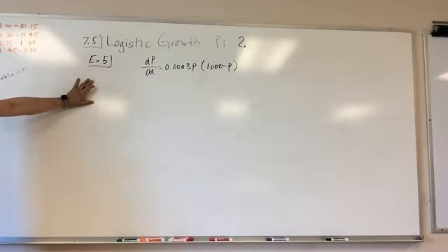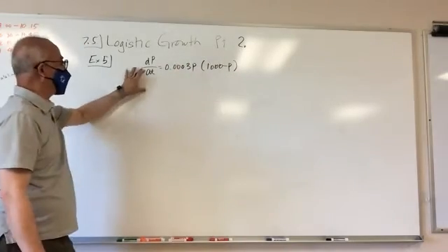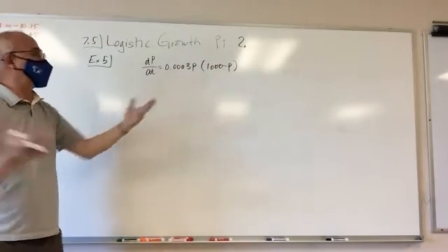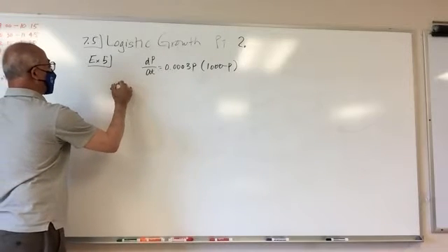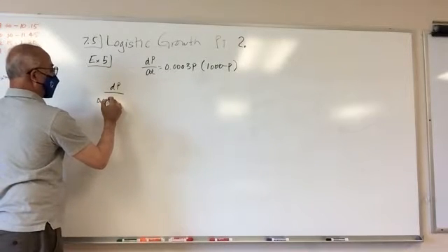This is a separable differential equation because there's no t's here, right? So you can move all of these underneath here and move the dt over here, and I just separated it. I'm good to go. I have separated it, so I'm going to get dP over this, instead of division.